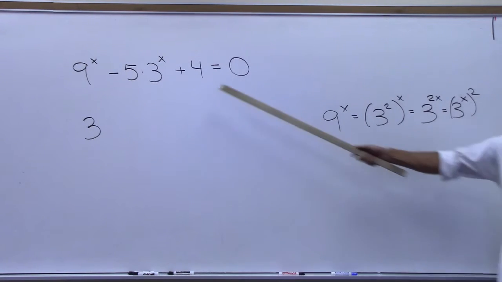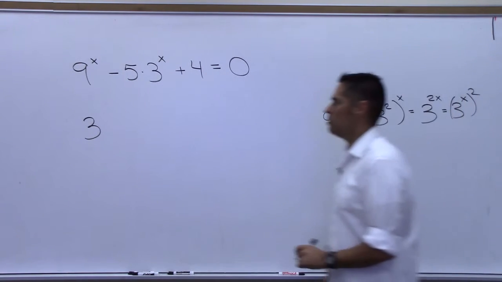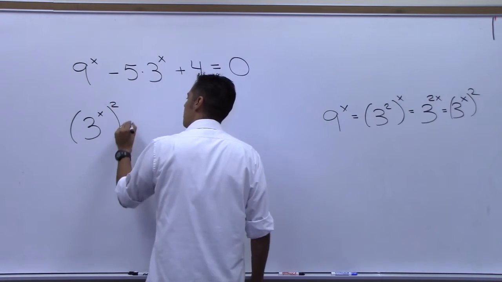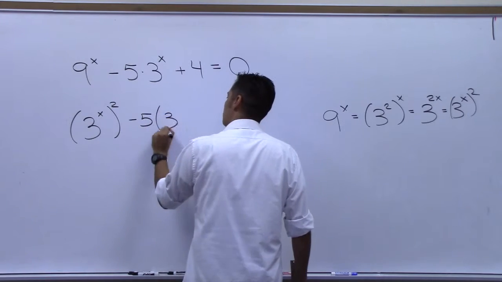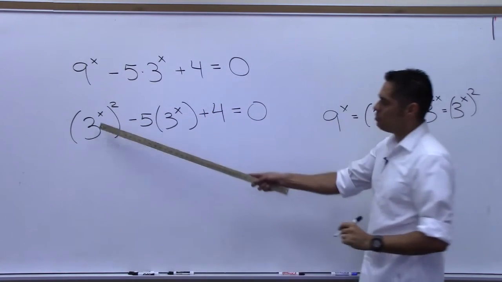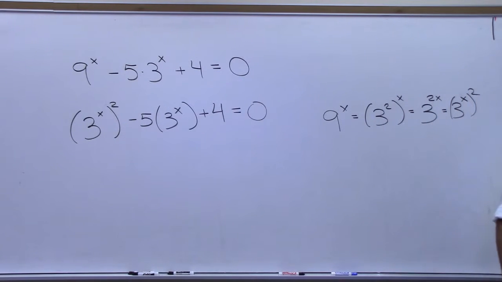Because that looks exactly like this, and then you can do a u substitution. So that's 3 to the x squared minus 5 times 3 to the x. I don't need parentheses around this, but sometimes it helps people see the substitution.